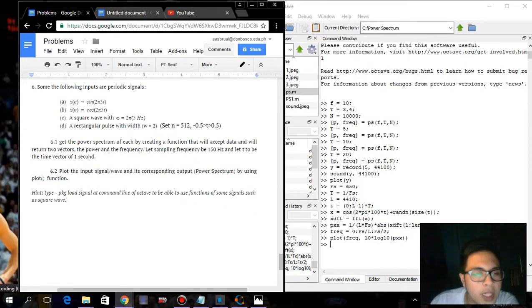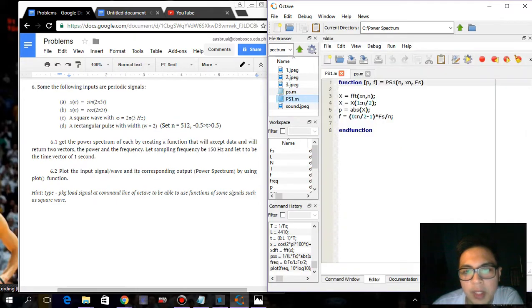And for the last one, number 6, we are given the following inputs, and some of them are periodic, which means they repeat through time. This A, B, and C are the ones that are periodic signals. This one, of course, is just a pulse. And we are about to create a function that will accept data and return two vectors.